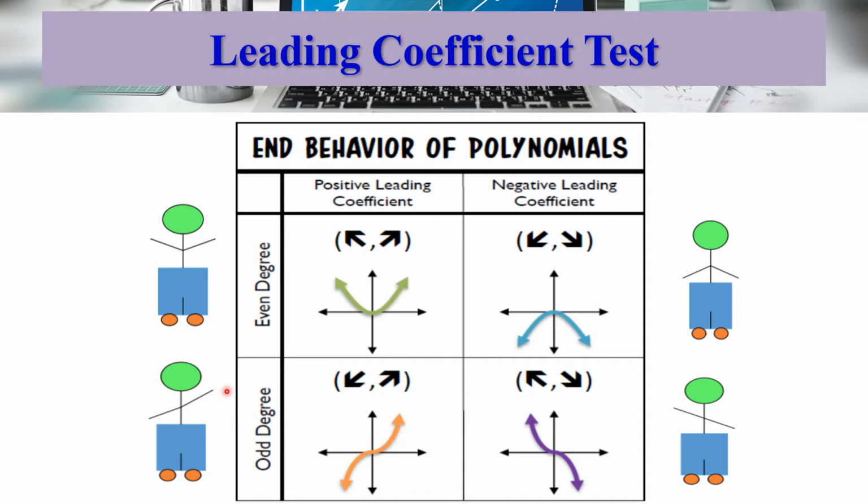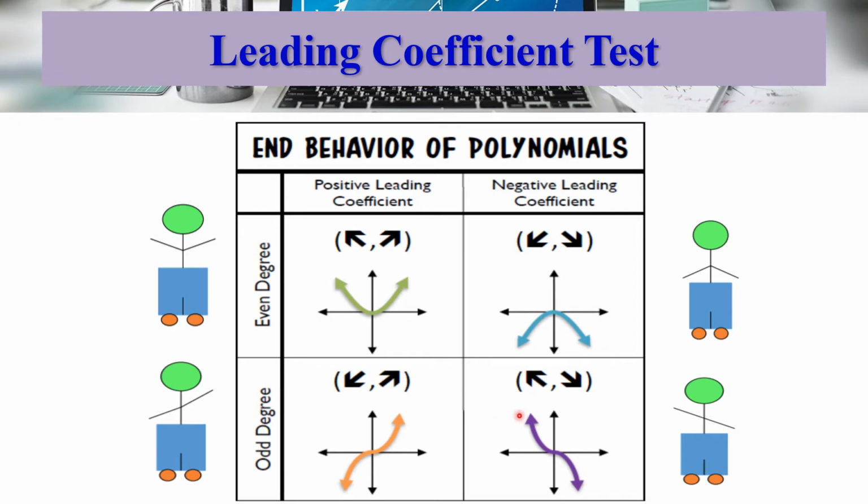Kagaya nito, parang yung kamay mo, ganyan ang itsura. Sa left nag-fall, sa right magra-rise. Kapag odd number ang degree at negative ang leading coefficient, ito naman ang itsura ng graph. Sa left side magra-rise at sa right side magfo-fall. Kagaya nito, pabaliktad naman yung kamay mo. Nag-rise sa left at magfo-fall sa right side.